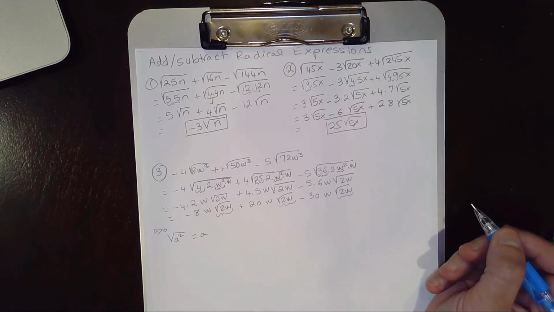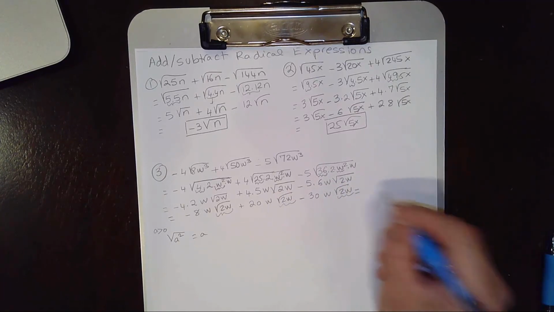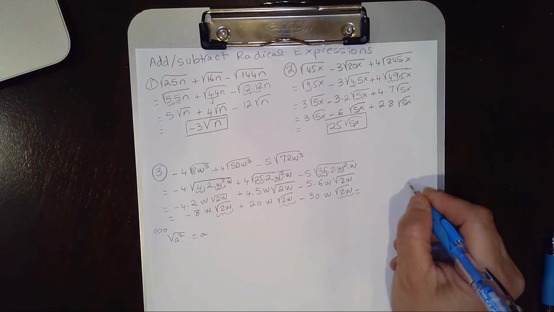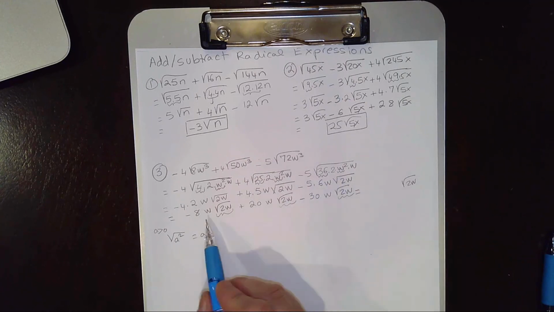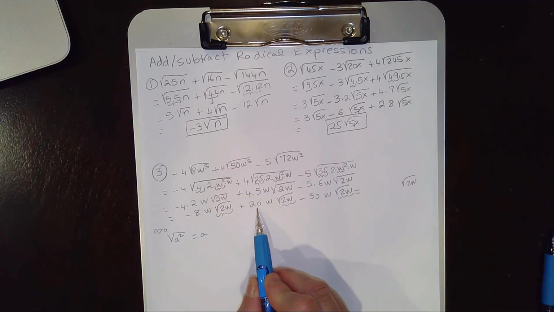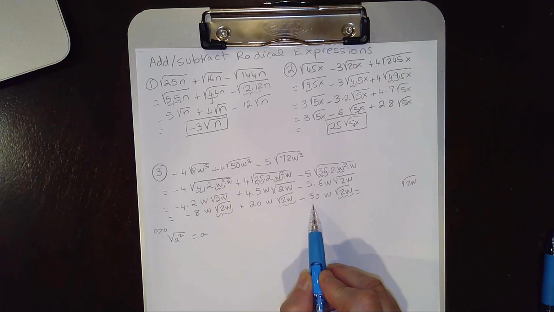I can go ahead and add the coefficients. So I have here radical 2w. Now you're going to add negative 8w plus 20w minus 30w. So what are you going to have?